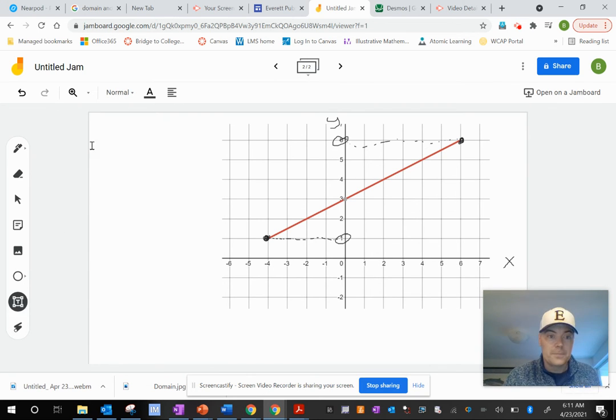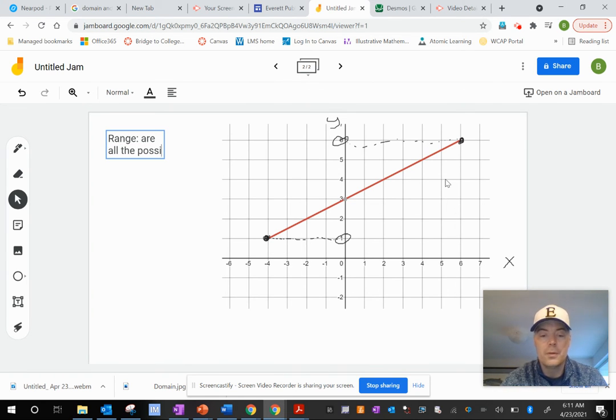Okay, so the range is all the possible y values on our graph, or function. We'll call it function at this point.